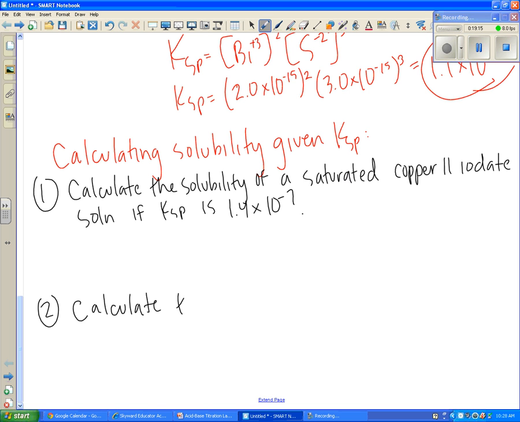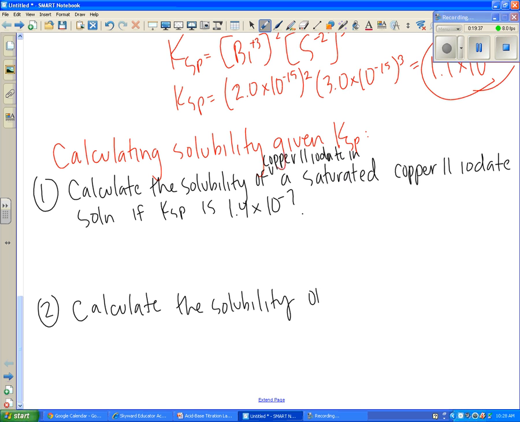This should say calculate the solubility of copper 2 iodate in a saturated solution.